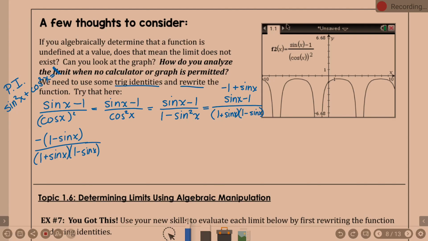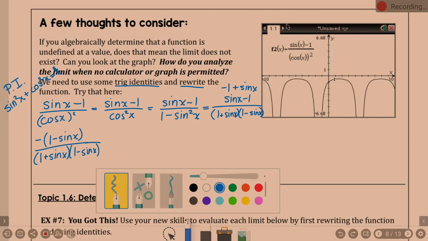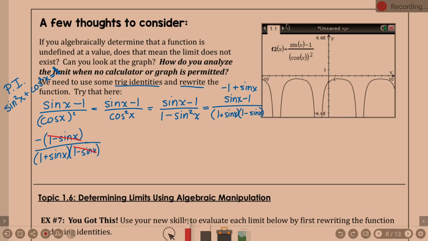And did we get to a point of canceling? Yes. And I wrote out a bazillion steps. You could have definitely shortcutted some of those steps out. So -1 over 1 plus sine x.